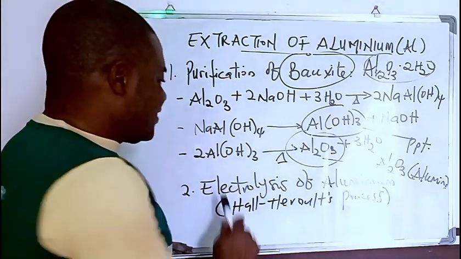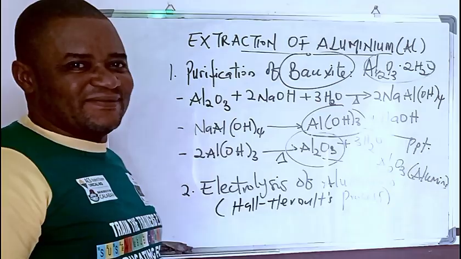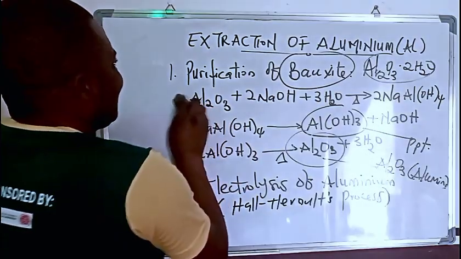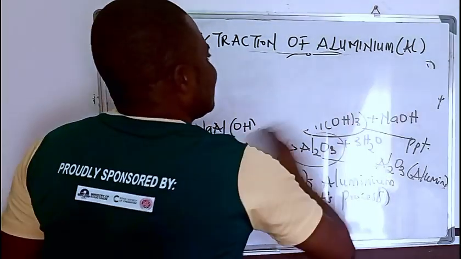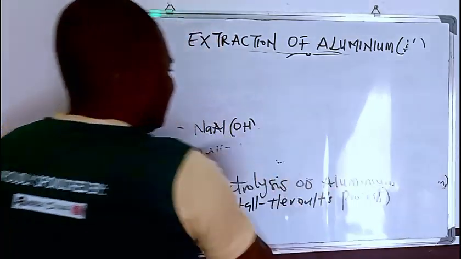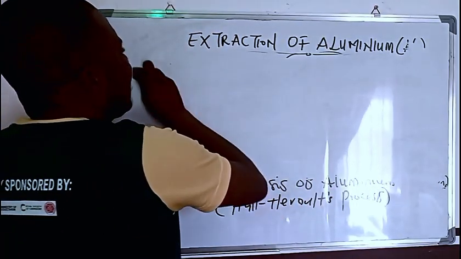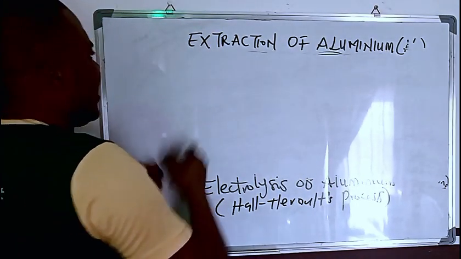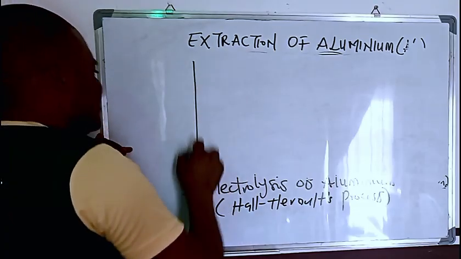Now let's see how this process works out. I have to clean this so we can see how electrolysis of alumina works out. Now, electrolysis of alumina has this.